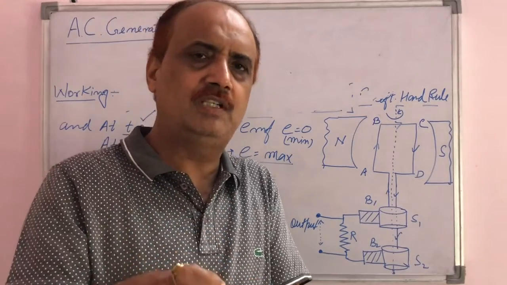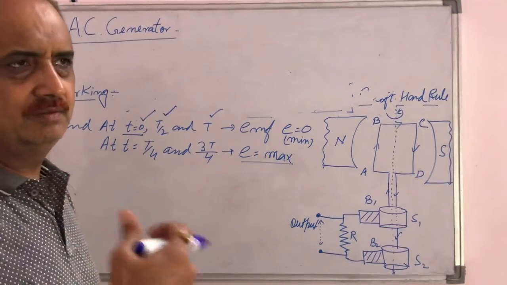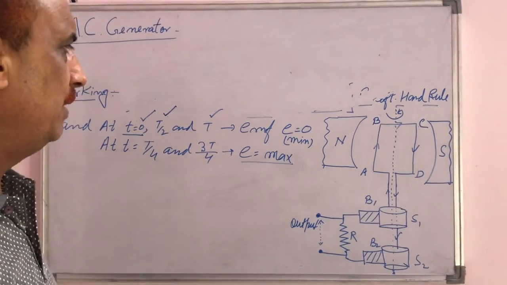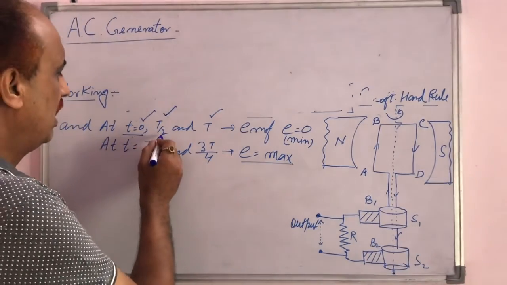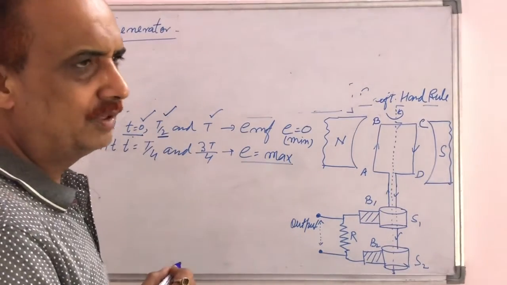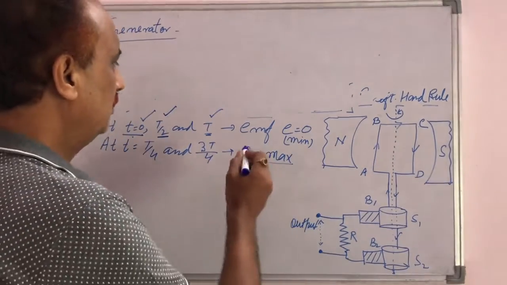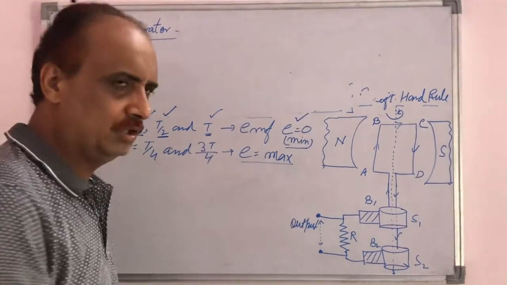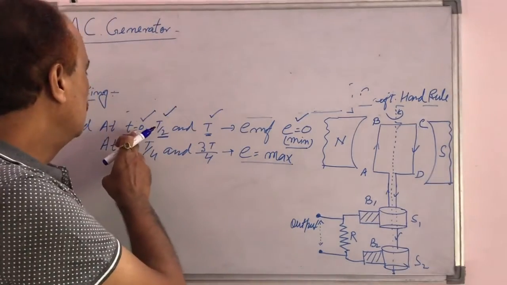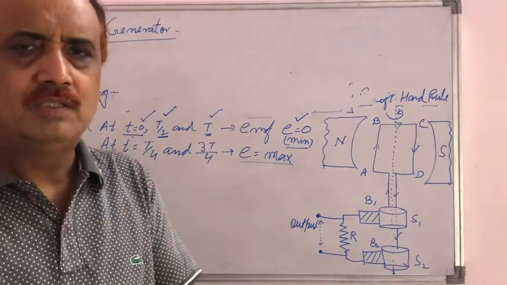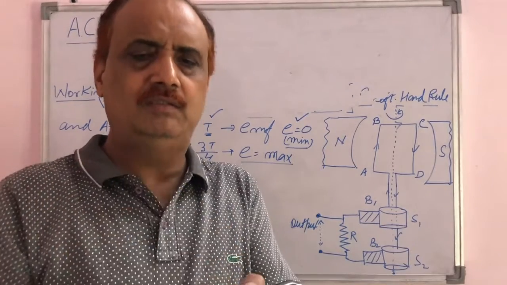Situation number 5 is the same as situation number 1 at t equal to 0. So if we divide the rotation into 5 positions of the rectangular coil, at time t equal to 0 the initial situation, at t equal to T by 2 after half rotation, and t equal to T after one complete rotation, the EMF will be minimum, equal to 0. In all three situations, t equal to 0, t equal to T by 2, and t equal to T, it is the vertical situation: one vertical situation, a second vertical situation, and then the next vertical situation.